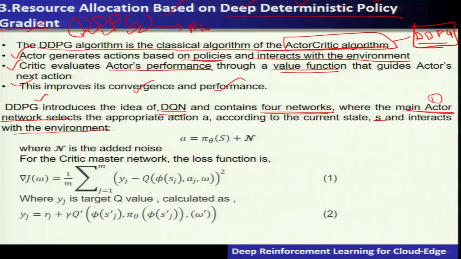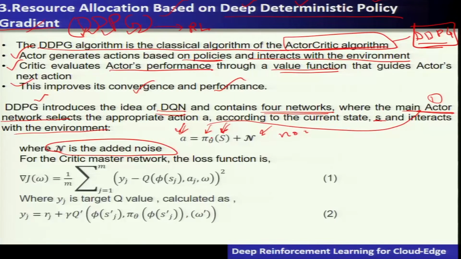So this is the actor network, and once the state is given, it will generate a particular action, and noise is added over here. This is called the actor network. The actor network selects a particular action according to the current state.